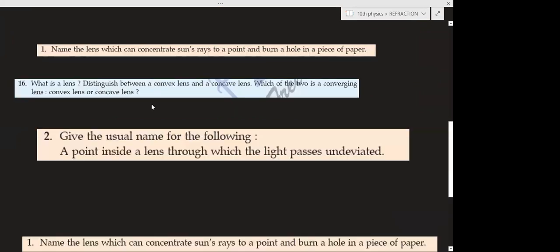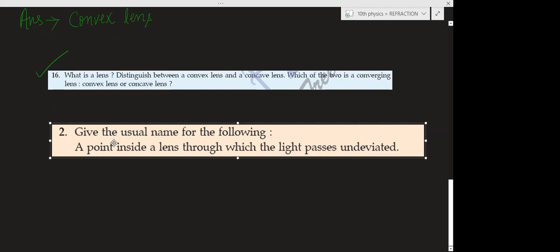In this question they are saying, give the usual name for the following: a point inside a lens through which the light passes undeviated. Actually, this point is the optical center.